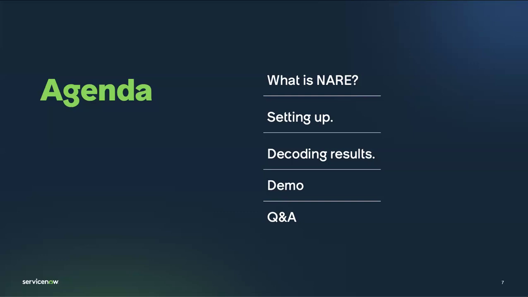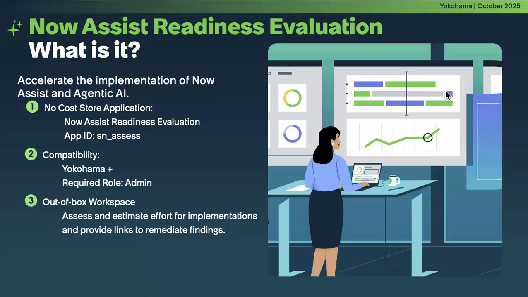Next, we'll dive into a live demo, and then our key takeaways so that you know what data-driven readiness decisions look like. Then we'll end with your Q&A. By the end, you're going to know exactly how to take an instance from we think we're ready to we know we are ready to implement. So let's explore what this actually is and how it works.